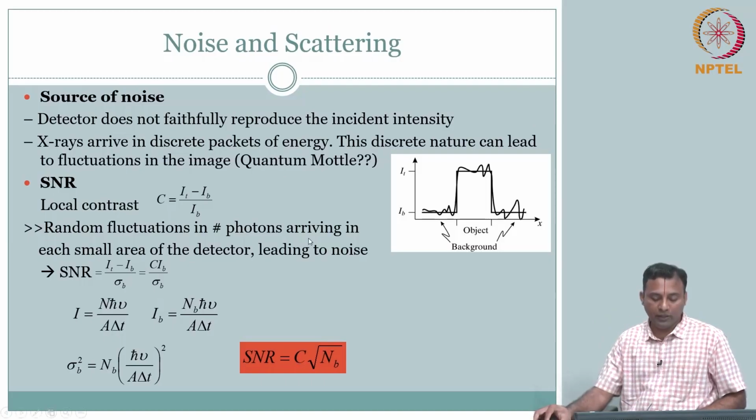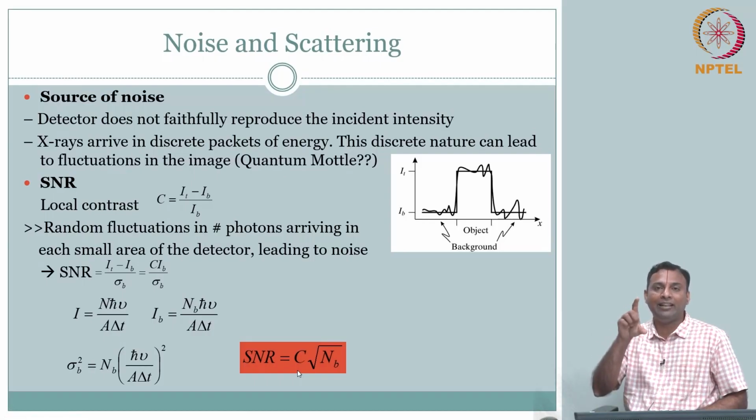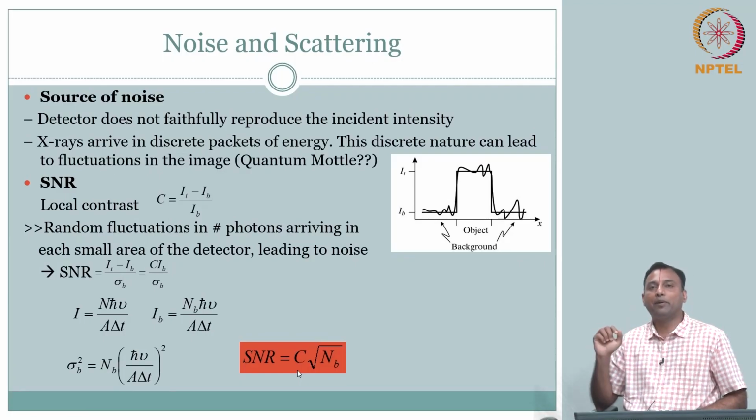So how do you increase the C? Oh, maybe I can use lower energy, right? If I use lower energy, I have inherent contrast over a larger range. But then what is going to happen? Well, we notice that the X-ray energy will probably get absorbed.